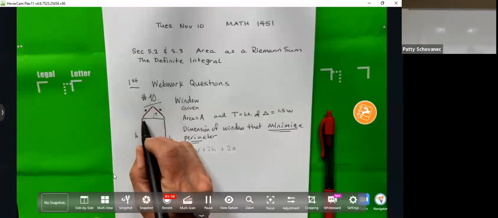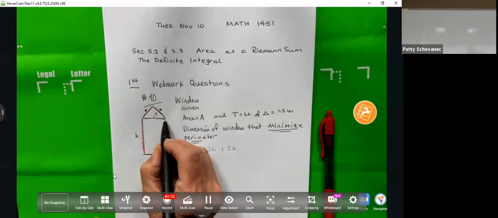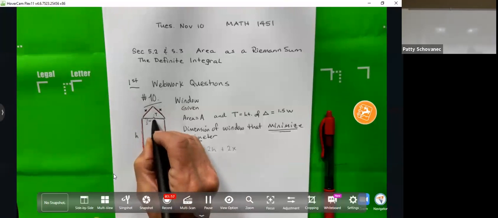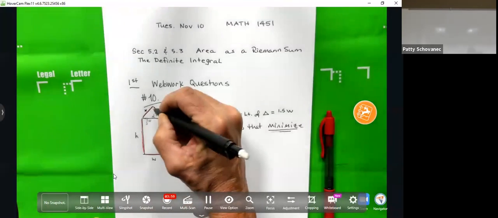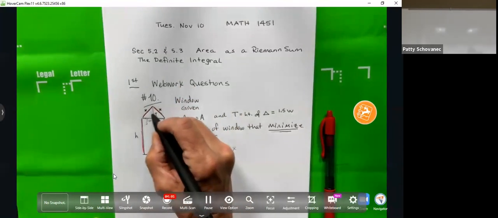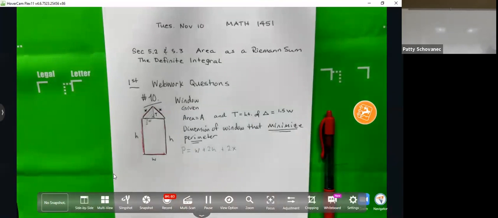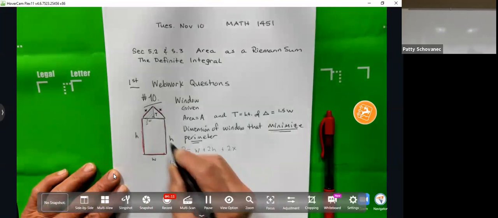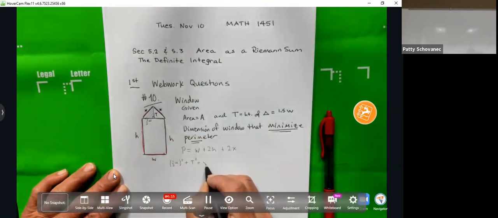This is W, so this over here is 1/2 W. We can look up here at this right triangle and write the Pythagorean theorem for that one. That right triangle says that (1/2 W) squared plus T squared is equal to X squared.